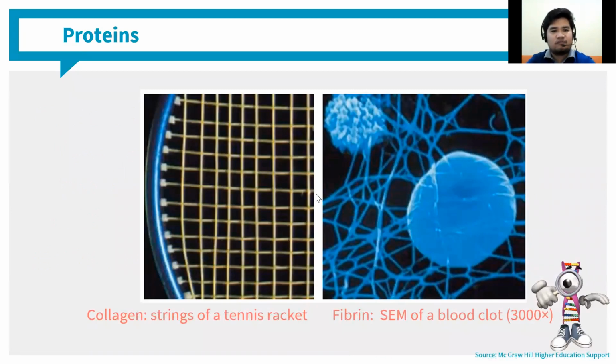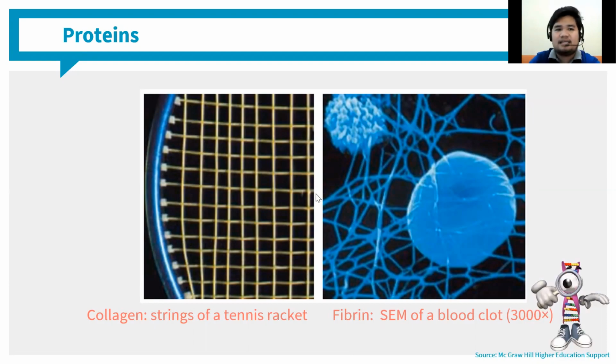These are examples of proteins and their figures. Collagen, no? Found in strings of a tennis racket, no? From gut tissue, usually galing sa mga sheep yan, no? Or parang mga tupa. Fibrin, this is a scanning electron micrograph of a blood clot, magnified 3,000 times.